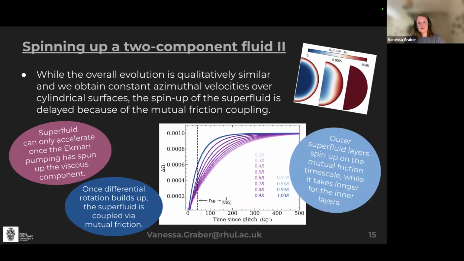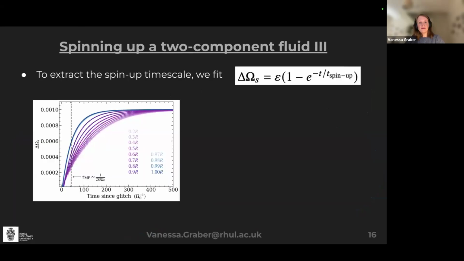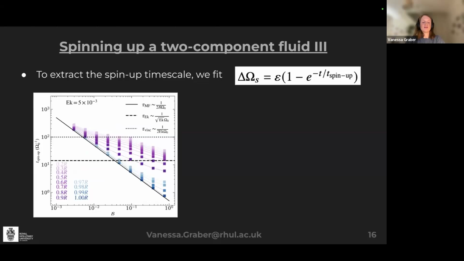So in this picture, the superfluid in the outer regions is essentially spun up on the mutual friction timescale, but the further we go in, the longer it takes because of this delayed interaction. And we wanted to then figure out if we could characterize this delayed spin up in a more formal way. What we did is we essentially used these curves for different values of the mutual friction coefficient, and we just fitted the functional form that you see here to the individual curves and extracted the spin up time as a function of the Ekman number for different B's that you can see here on the x-axis.